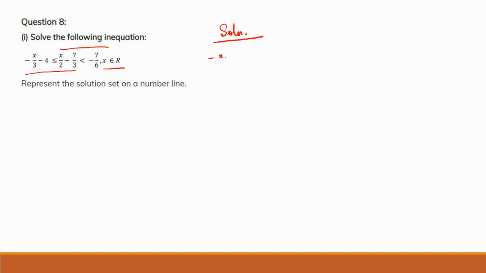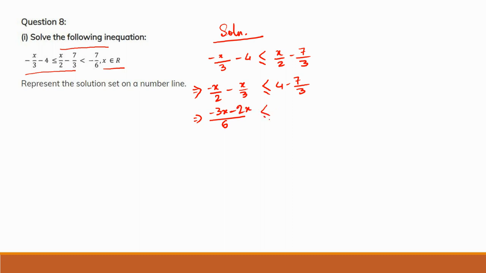So one inequation that you can form out of it is x by 2 minus 7 by 3 on the right side, then 3x minus 2x, 5 by 3, and 2 minus 5x by 2 less than or equal to 5.